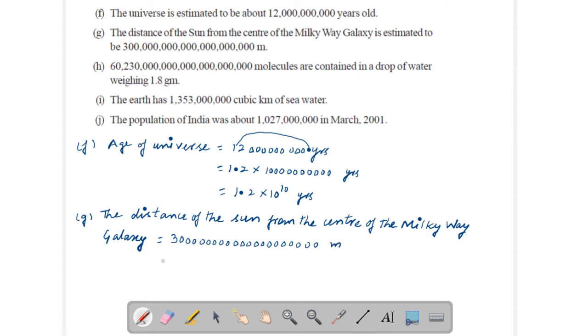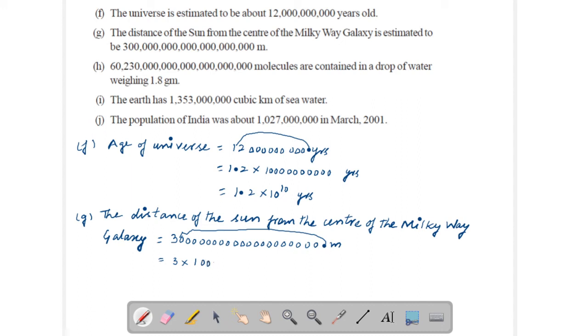Now this can be written as, here where is the decimal? On the right hand side. Bring this decimal from here to here, that is after the first digit. This can be written as 3 into 1 followed by 20 zeros. Put 20 zeros.